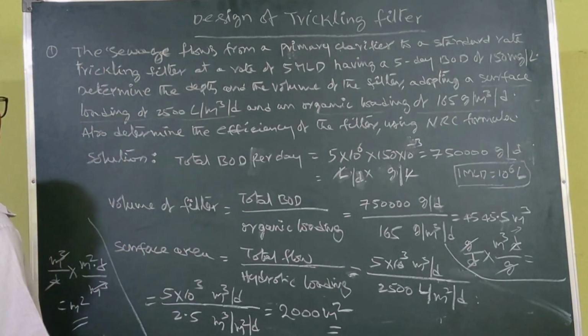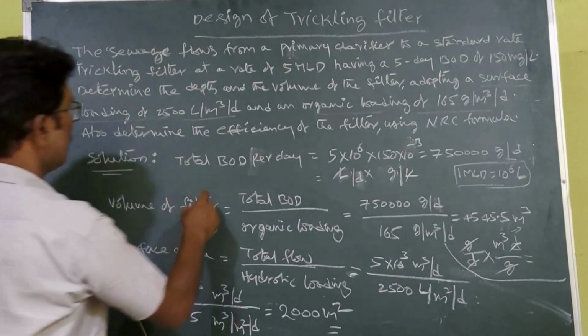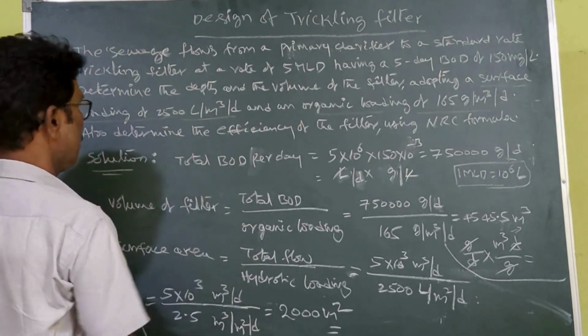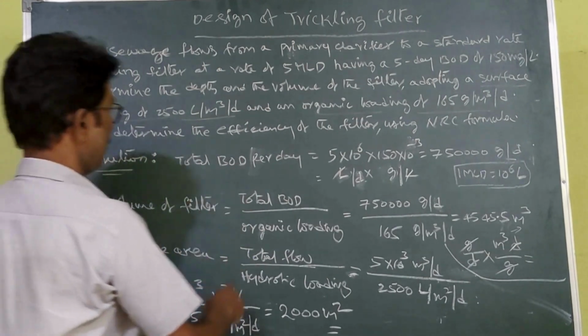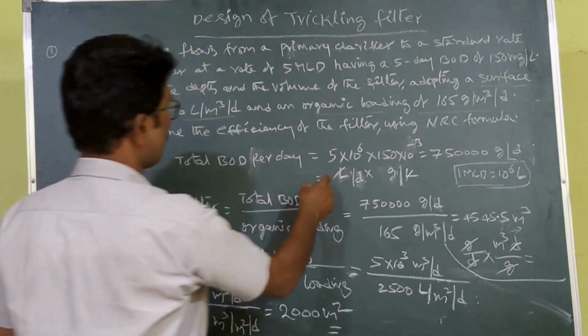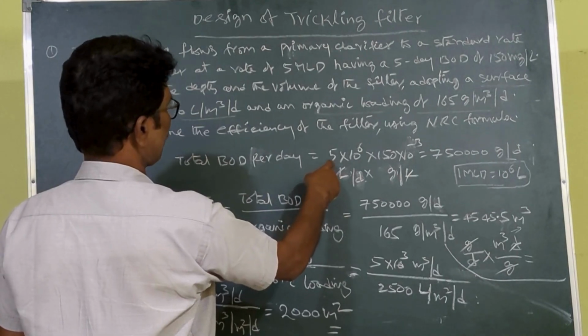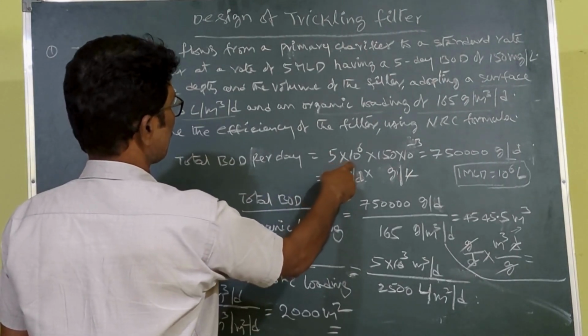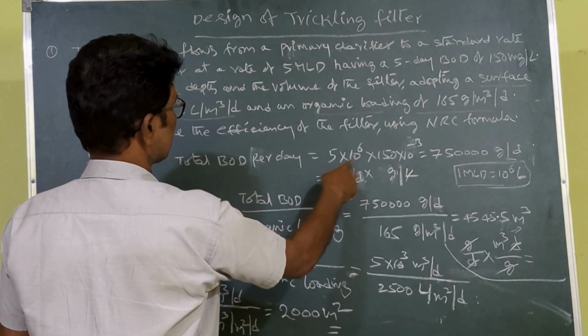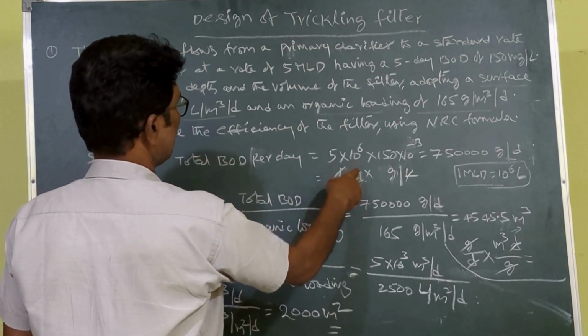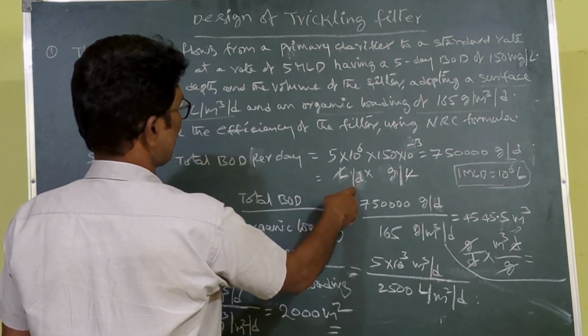Coming to the solution, first you have to find out the total BOD per day, the total organic matter per day. That is equal to total flow equal to 5 MLD. 5 MLD means 5 million liters per day, so we have to convert into liters. That is equal to 5 into 10 to the power of 6 liters per day, into BOD.